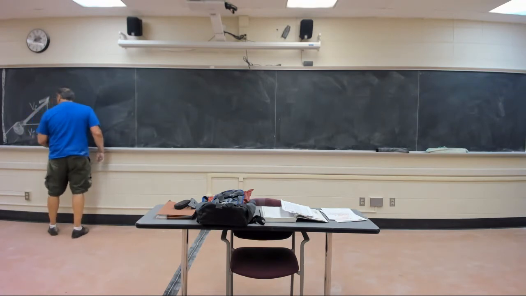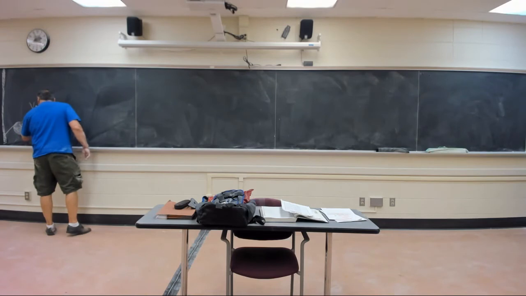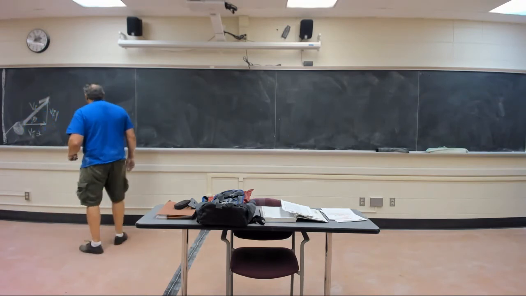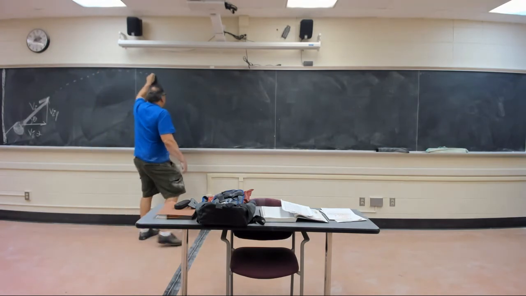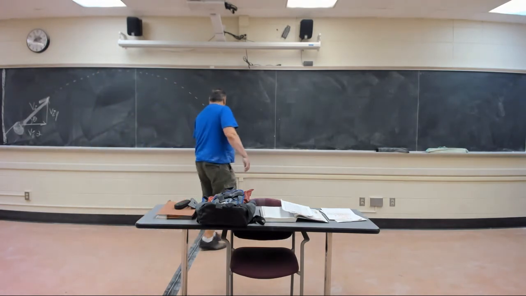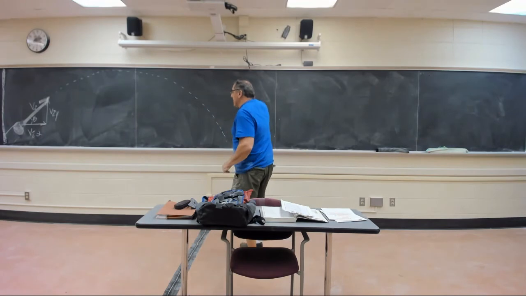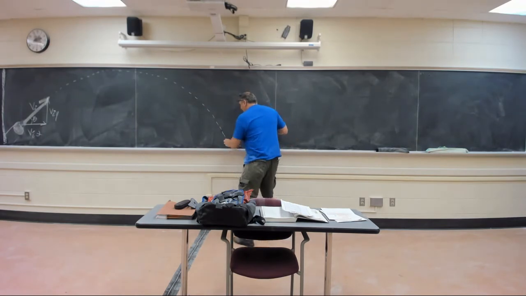Viy, Vix, fired at an angle of theta. This is not going to be a good drawing, but hopefully not too bad either. And it lands. Where did it land?